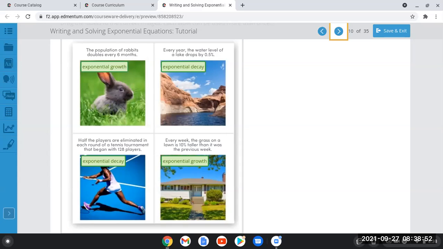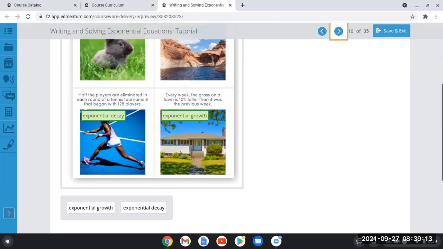Half of the players are eliminated in each round of the tennis tournament that began with 128 players. That's decay because it's getting smaller. And every week, the grass on the lawn is 10% taller than the previous week. Exponential growth. Grass grows and you have to cut it. And that explains it.